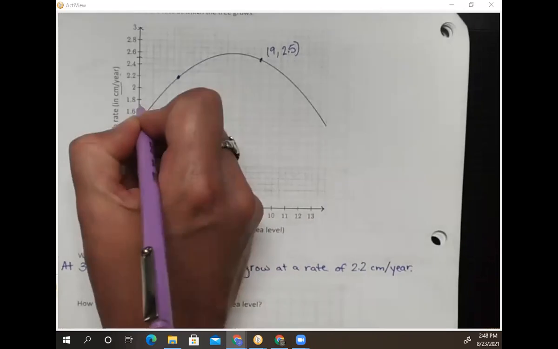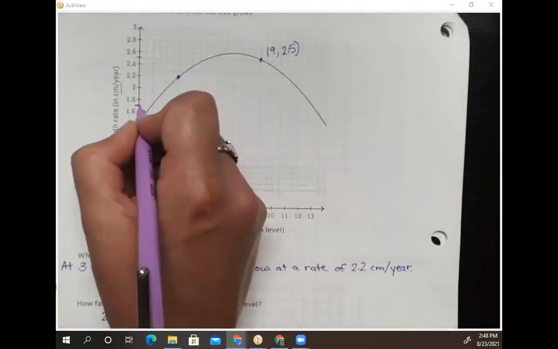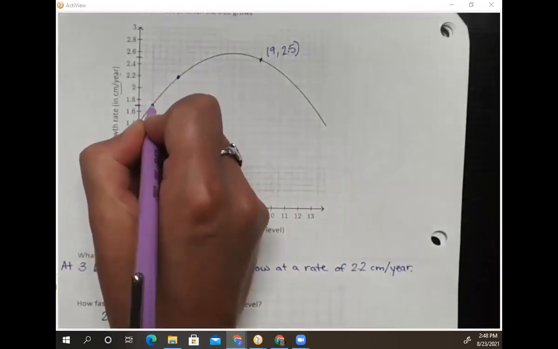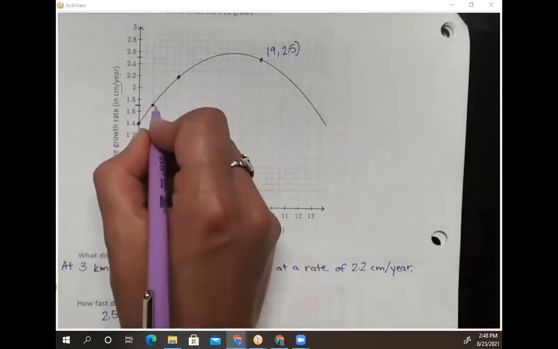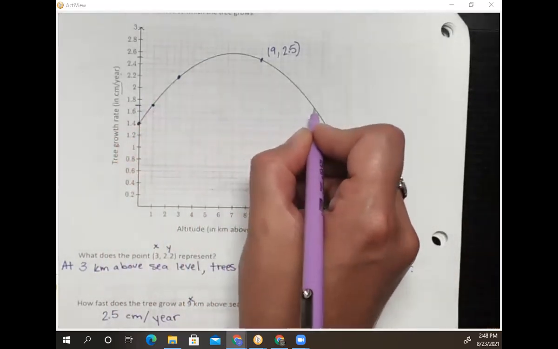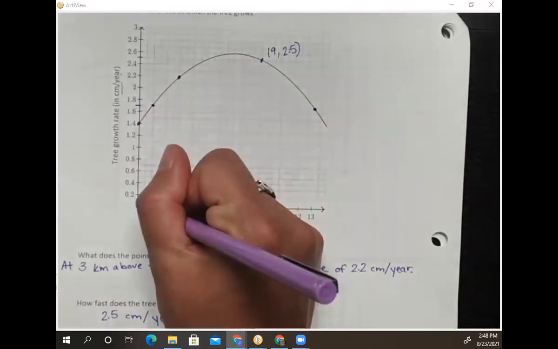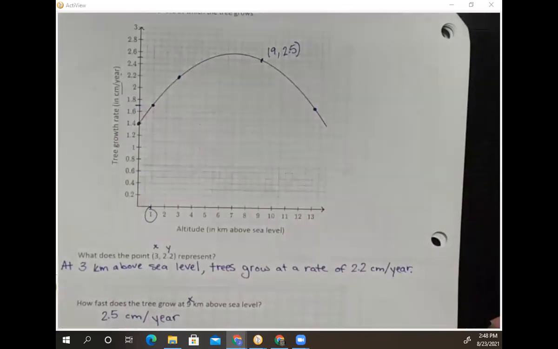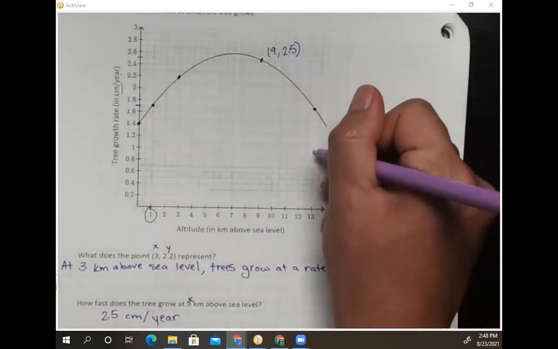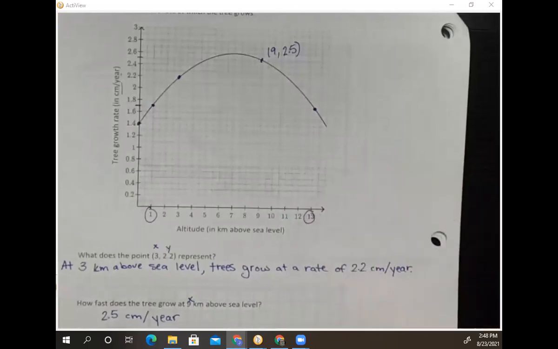So 1.7 would be right here. And I'm going to follow that to any points shown on my graph. Because of the shape of my graph, I actually have more than 1 point. That would be at 1.7 centimeters per year. So I have this growth rate at 1 kilometer above sea level, and then also at 13 kilometers above sea level.